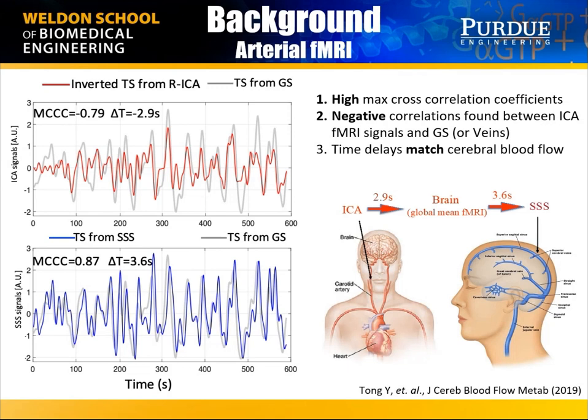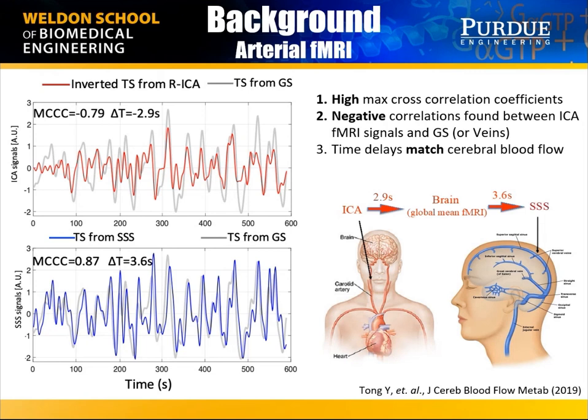You can clearly see, first of all, these three signals have very high correlation, about 0.7. Secondly, the internal carotid artery signal is anti-correlated with the global mean signal and also anti-correlated with the superior sagittal sinus signal. However, the global mean signal and the superior sagittal sinus signal are positively correlated, right? You can see at the bottom left.